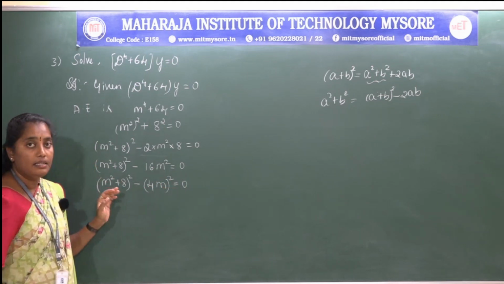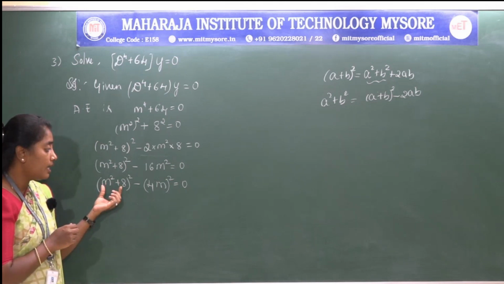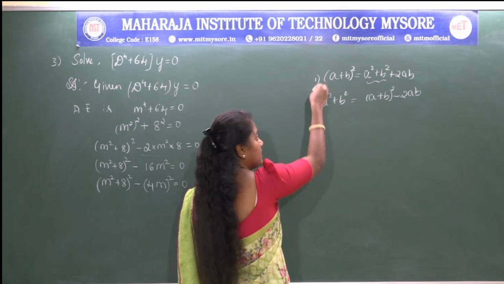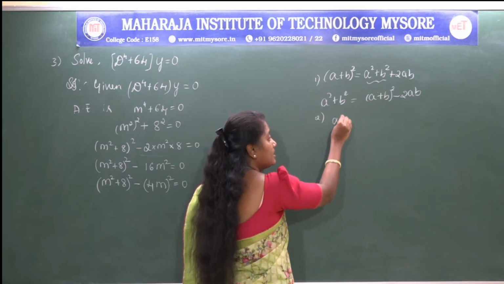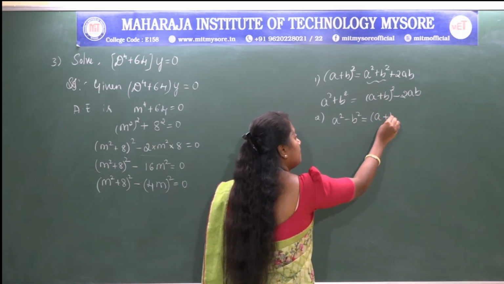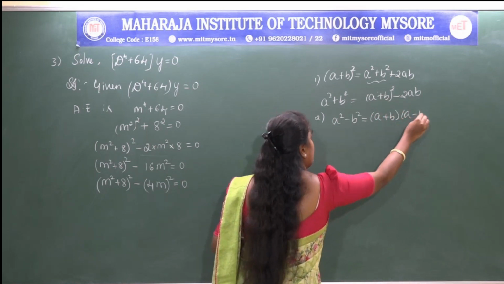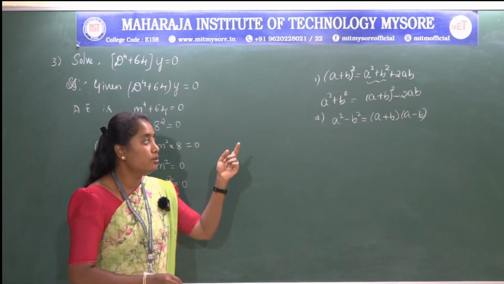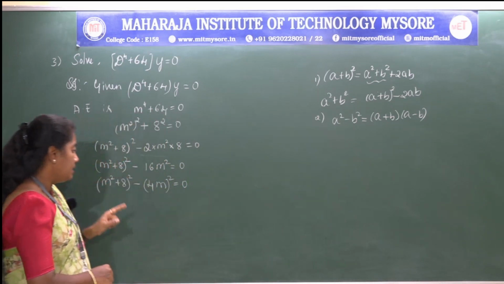Again the obtained result is also in the standard form, a square minus b square. So this is the first result we are using, and the second result is a square minus b square equal to a plus b into a minus b.